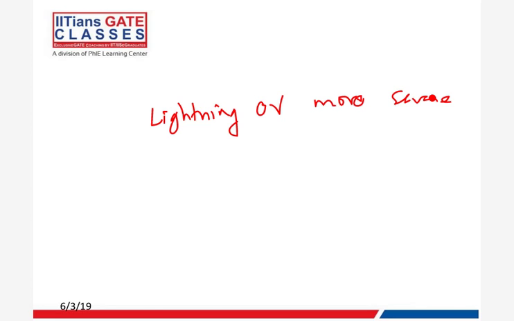So if we select the insulation based on lightning over voltages, it is going to be extremely costly, and the chances of a lightning over voltage happening in the transmission line are relatively less.